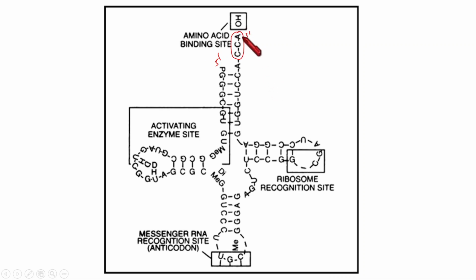It has some significance because the adenosine nucleotide that we can see at the end, its OH group is attaching with that specific amino acid that is to be transferred to the mRNA. So that is the importance.